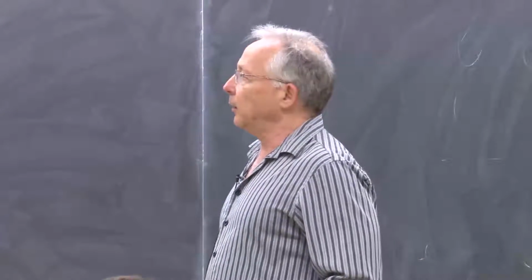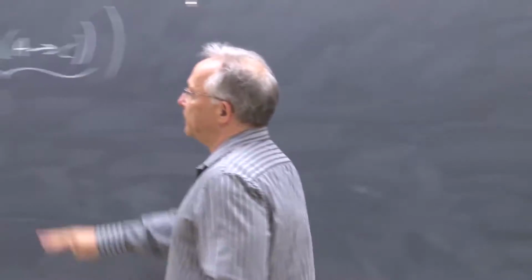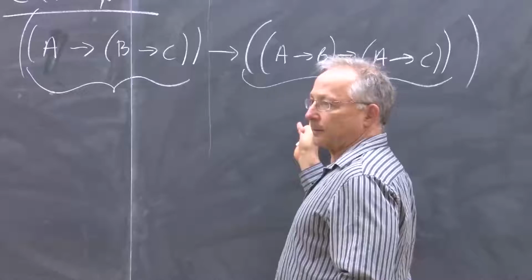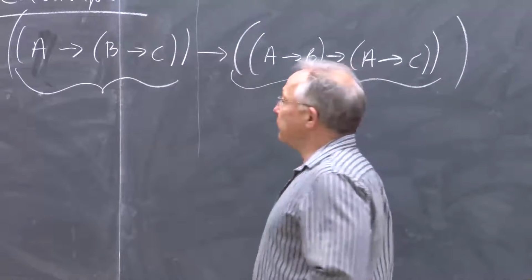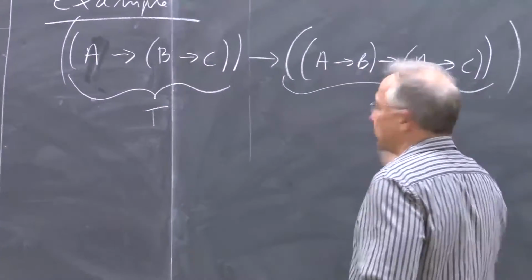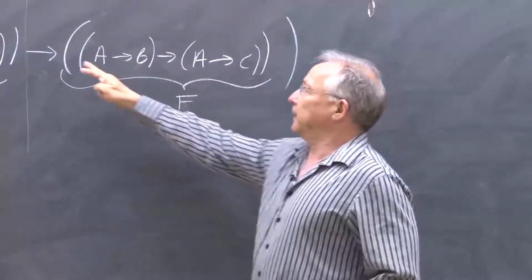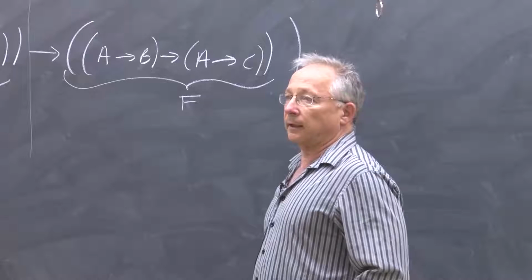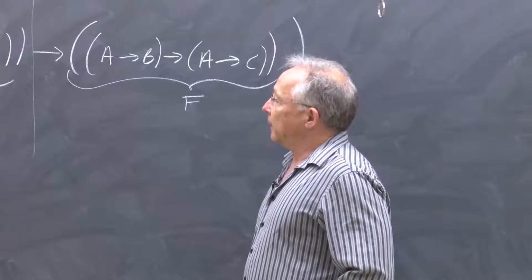And now, if the main connective is arrow, the only case that this will be false would be the case where this is true and this is false. So if I want to check if this can be false, the only option is that this be true and this be false. Right? And then I look at this formula. And again, I delete the parentheses at the end.